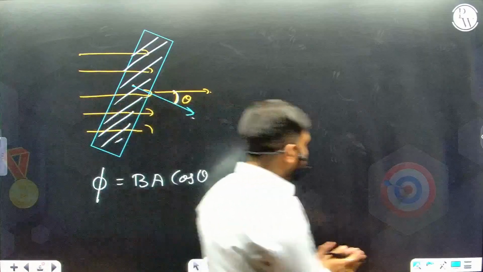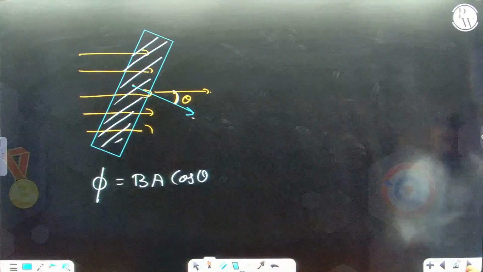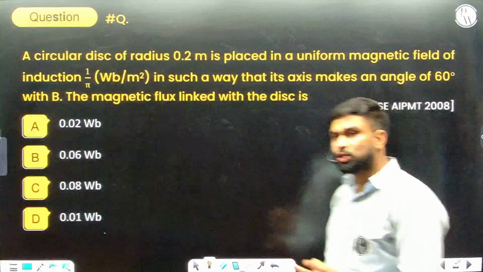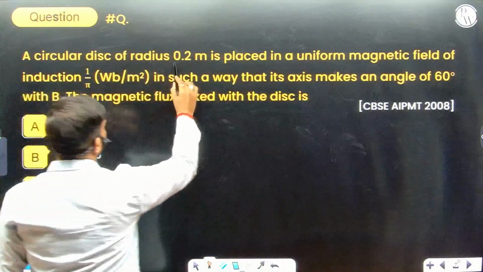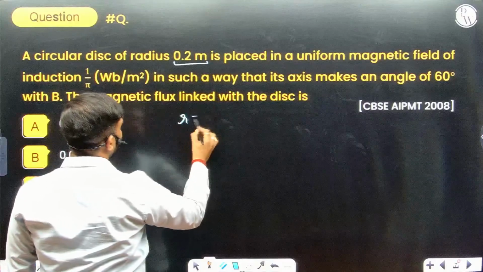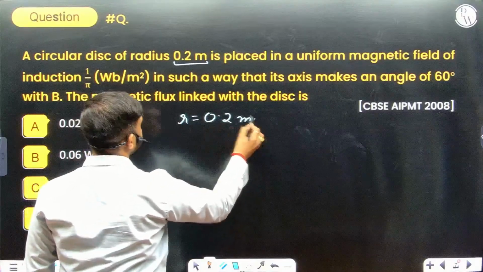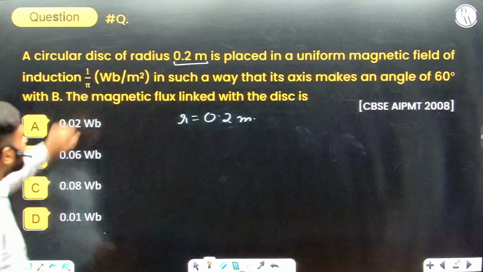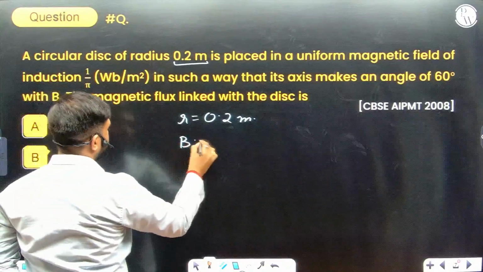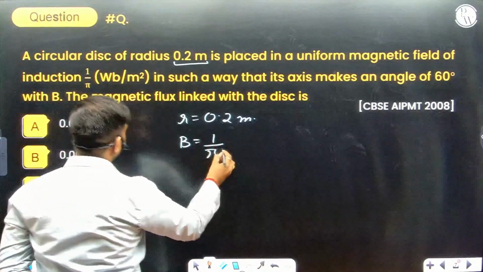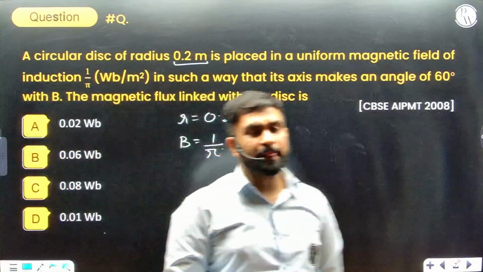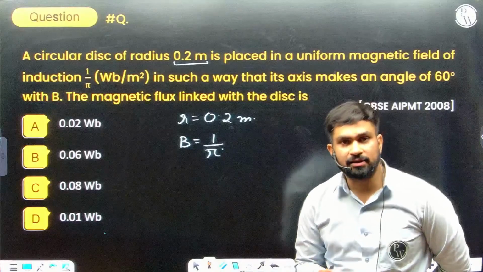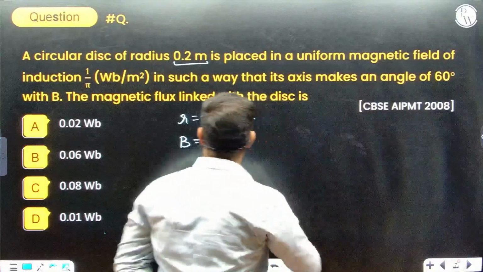Okay. So let's take a quick example and get the answer for magnetic flux. They are saying a circular disk is there whose radius is 0.2 meters. It's in a uniform magnetic field whose magnitude is 1 by pi. Now note the unit of magnetic field. The unit of magnetic field we use is Tesla, correct or not? But here they are using something else.